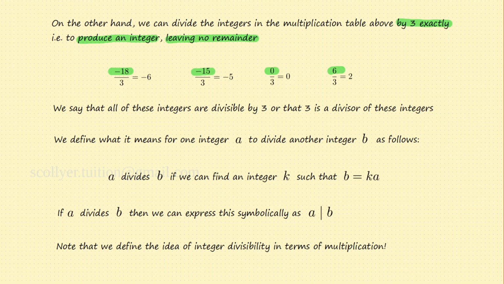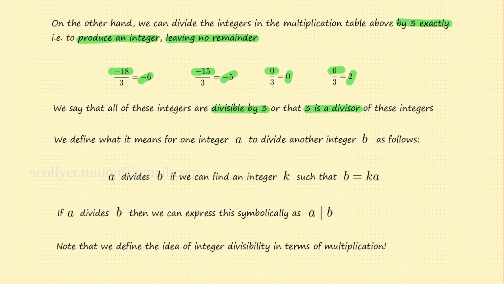They respectively produce minus 6 and no remainder, minus 5 and no remainder, 0 and no remainder, and 2 and no remainder.